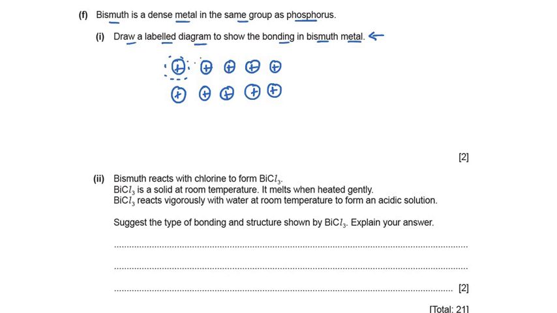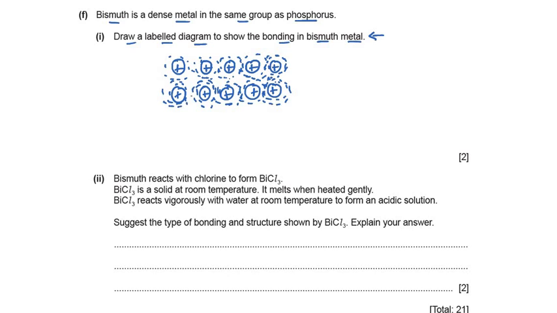Now you need to add the electrons, that is a sea of electrons around all these positive ions. This is how I'm drawing it with the help of dots. Dots here represent the electrons, and as described in metallic bonding, there is a sea of electrons, so we can add as many electrons all around to show the sea.